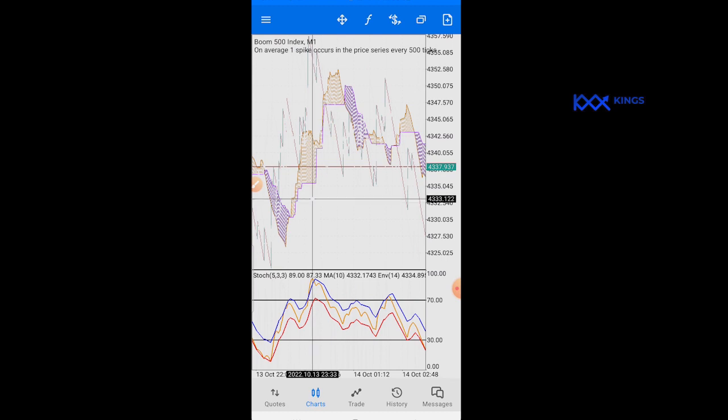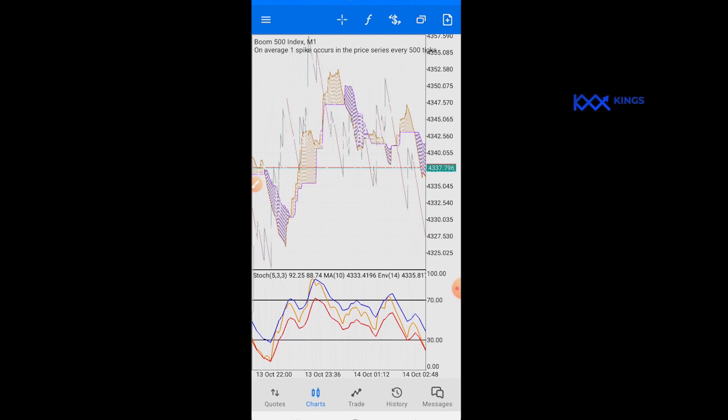Okay, so now when you have this, all you need to do is to look up at our main chart window. Right here you are going to see a cross. Before the cross, the price should be above our indicators.